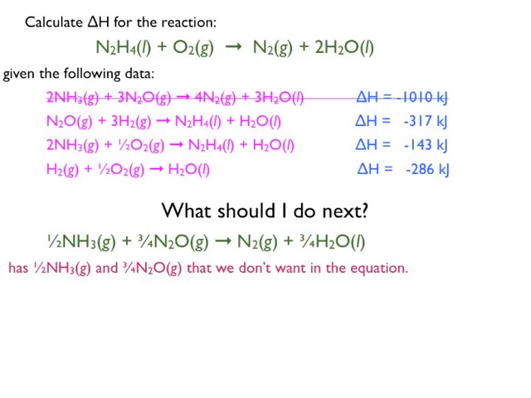So let's cancel the ammonia first. The only other place that shows up is in the third equation, and it shows up with 2 moles on the left, and we want a ½ a mole on the right. So we're going to multiply that third equation by -1/4, which doesn't mean we put minus coefficients in front of everything. It means we reverse the reaction and multiply it by 1/4.